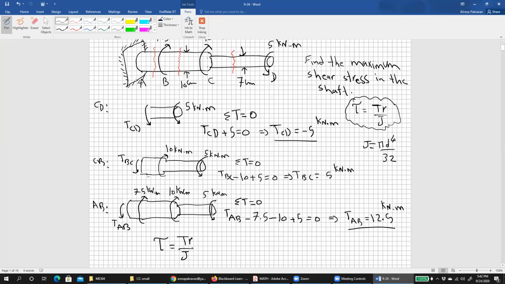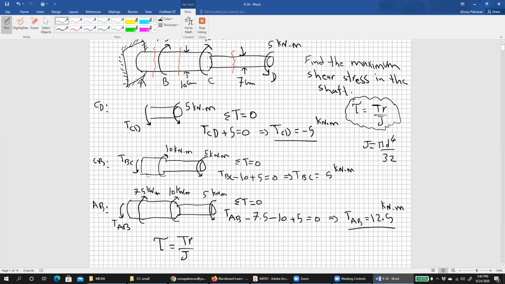We should find R and J. So for AB and CD, let's separately find the shear stress and then compare which one is greater. Then we can conclude at which section we have the maximum shear stress.